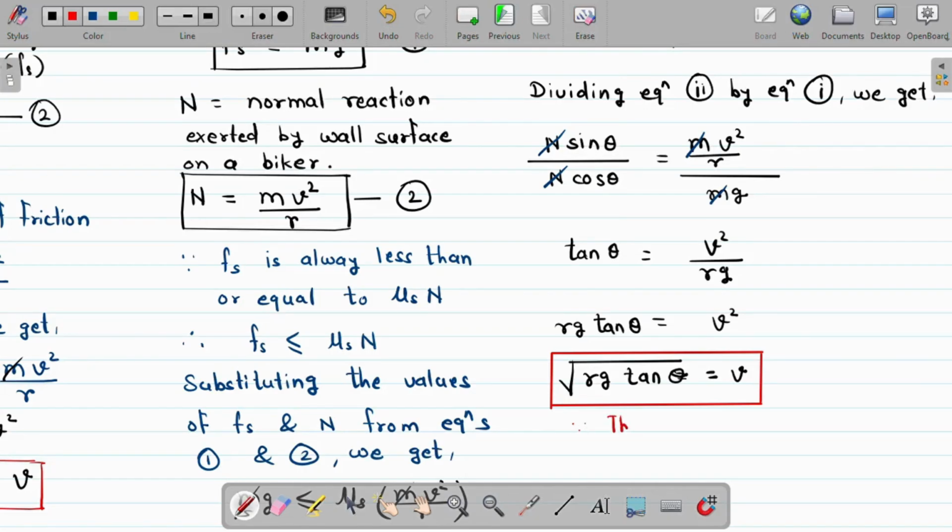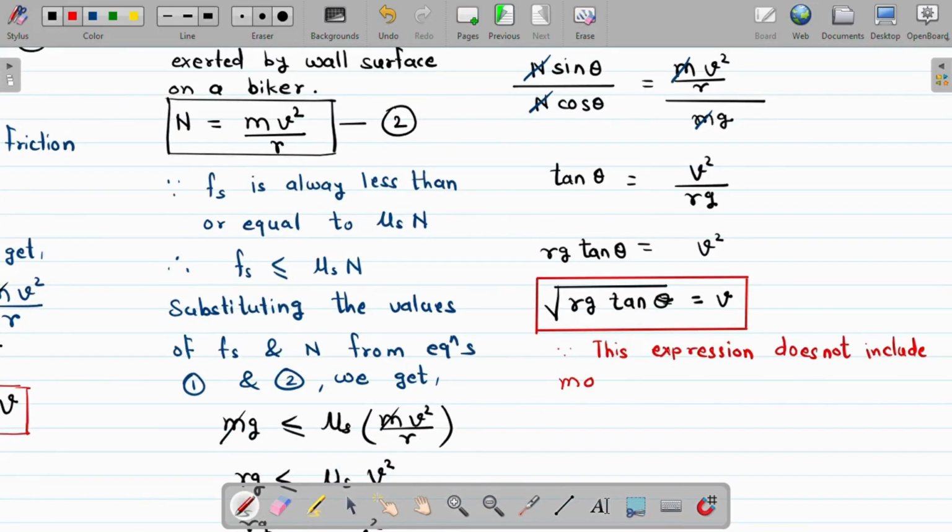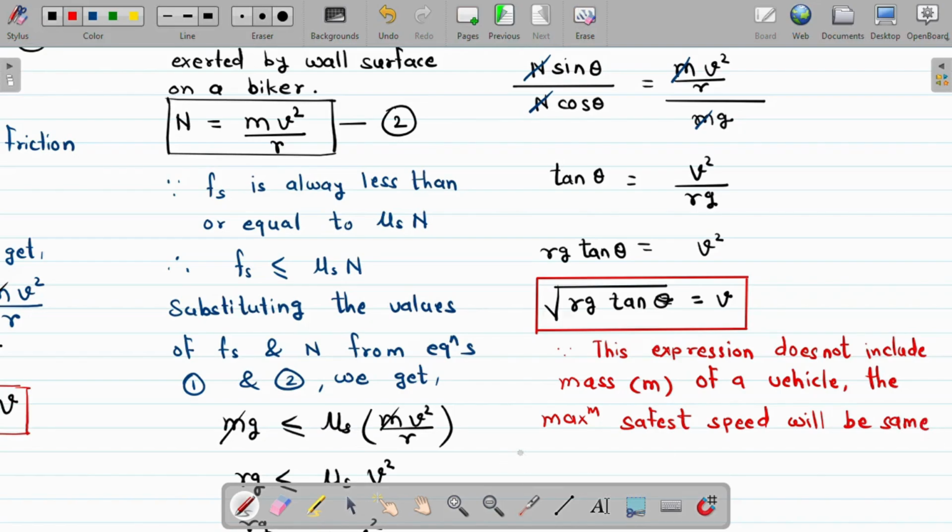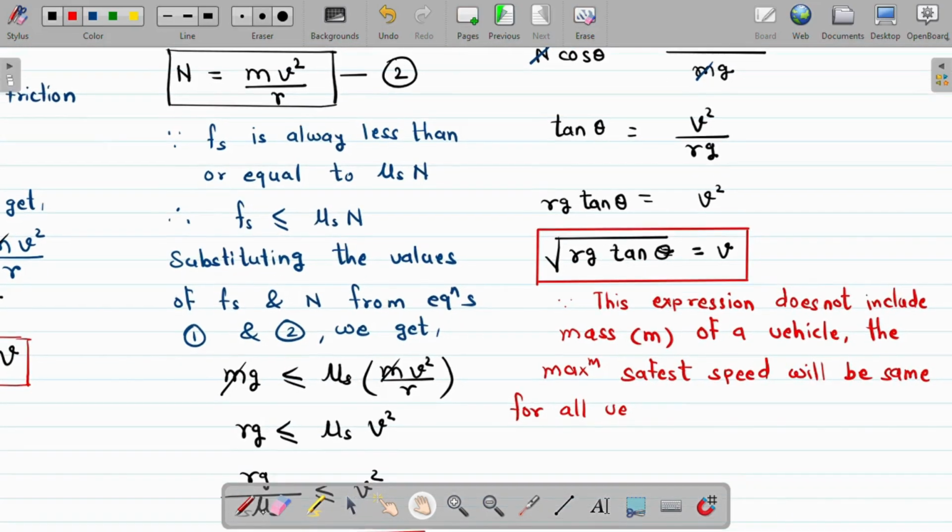Since this expression does not include the mass m of a vehicle, the maximum safest speed will be the same for all vehicles, whatever their mass.